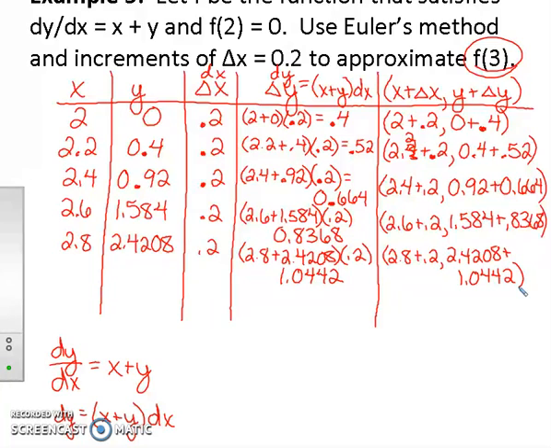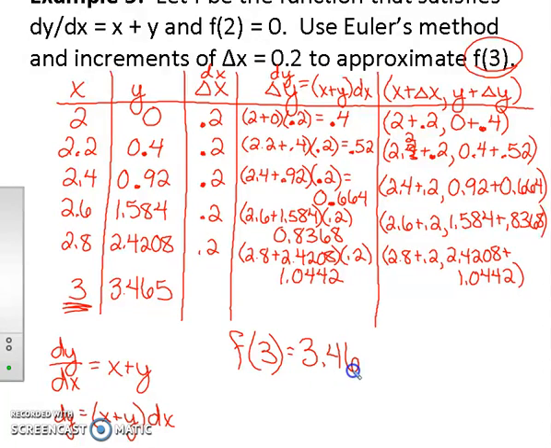And so this last time, when I change my x, I get a 3 for my x value, and I get 3.465 for my y value. So since I reached the x value that I want, I'm done. I don't have to fill in the rest of that row. And f of 3 would be equal to 3.465. So that's essentially a tangent line approximation using teeny tiny little tangents all the way from 2 to 3.